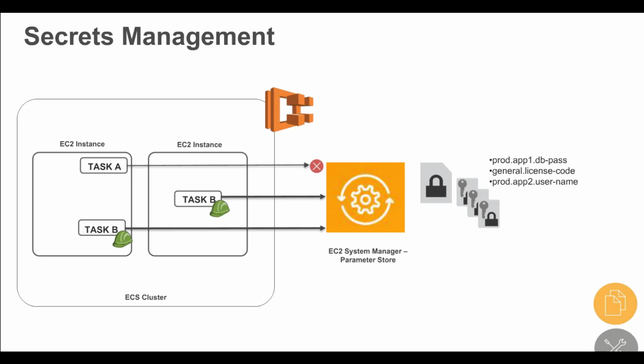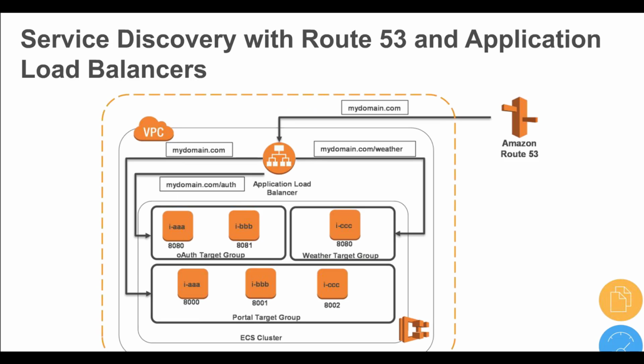But task B, on the other hand, has been assigned the correct role, and you could group these secrets in the parameter store by container names, and task B gets access to the secrets. This helps you achieve a code base which is independent of each other and the dependencies live somewhere else. This also helps you achieve dev/prod parity and logs and admin processes that go on from there.